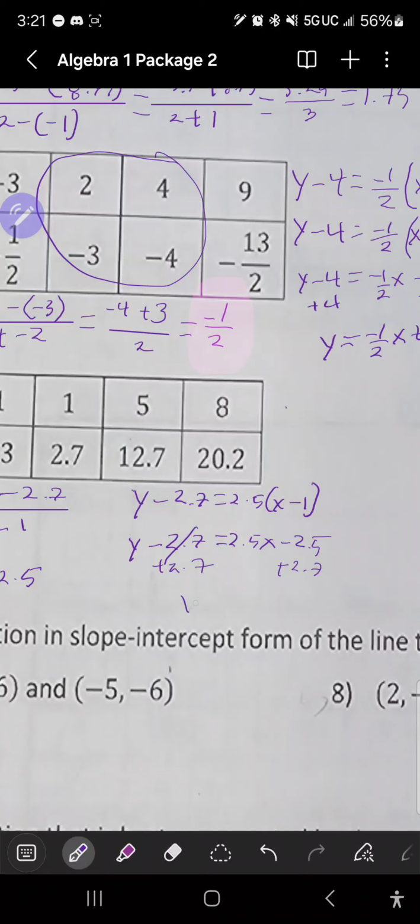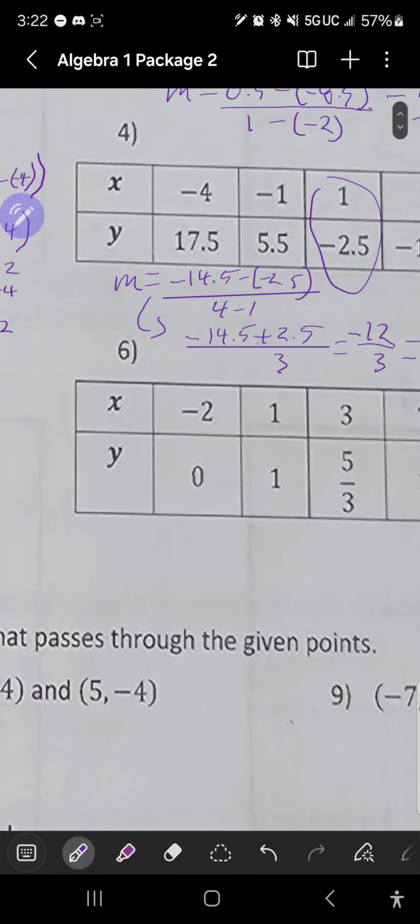This cancels, we get that y equals 2.5x plus, now we have negative 2.5 and positive 2.7. Since they have different signs, we should subtract the lower from the greater, which is going to be 2.7 minus 2.5, which is 0.2. And I know it's going to be positive because 2.7 is positive. And this is our equation.